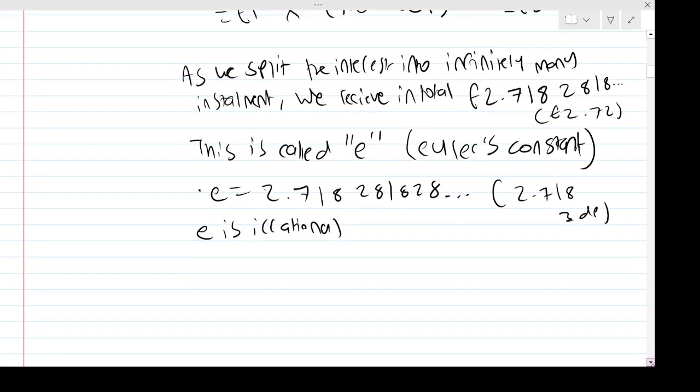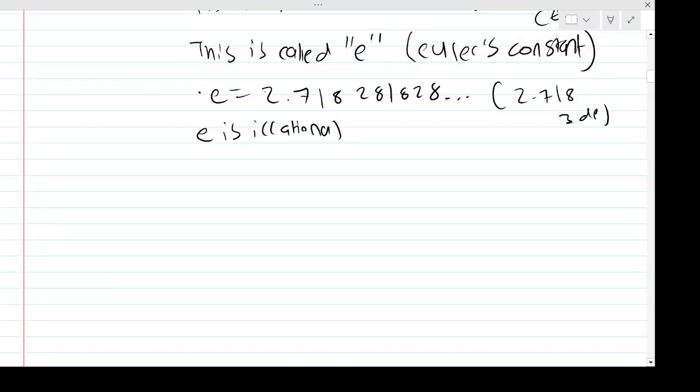Now, another very interesting thing about this and how it links to exponentials. Firstly, e to the x. If we have f of x is e to the x, so that's e, which is this 2.718, to the power of x. It's just a number to the power of x.